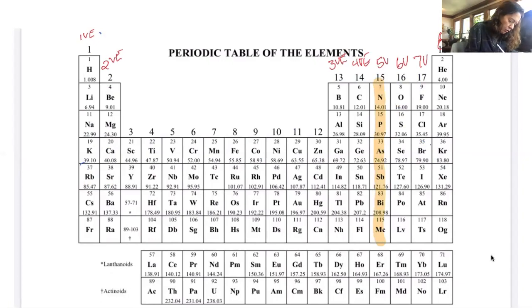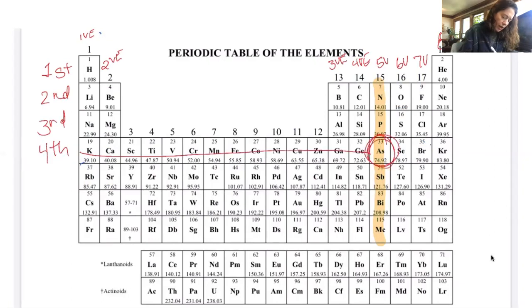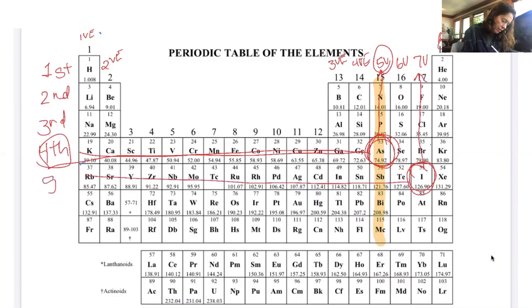Well, his are located on the first, second, third, fourth. So arsenic has 5 valence electrons on the fourth energy level. What about iodine? Iodine has 7 valence on the fifth energy level. And what about barium? Barium has 2 valence on the 6th energy level.